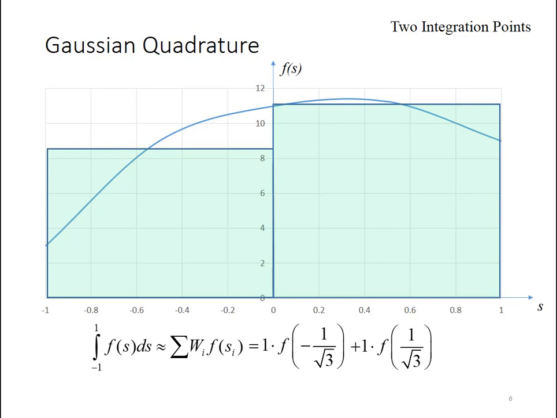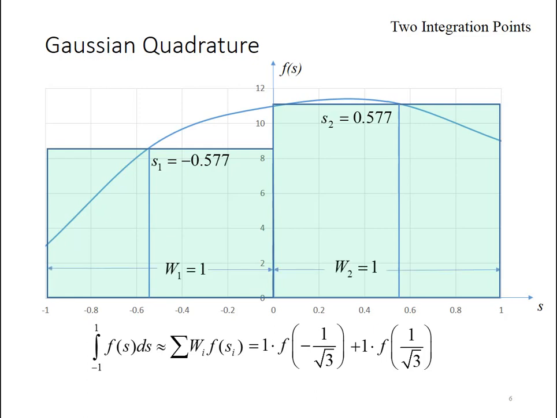In particular, when we go from -1 to 1, the first location is at -1 over the square root of 3, and the second is at +1 over the square root of 3. So when I evaluate at those locations, that's minus 0.577 and plus 0.577, then the width of each rectangle is going to be equal to 1, and that's what gives me the equation shown here where I'm evaluating the function at 2 locations, plus and minus 0.577.